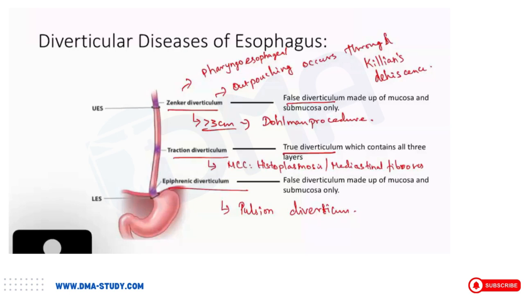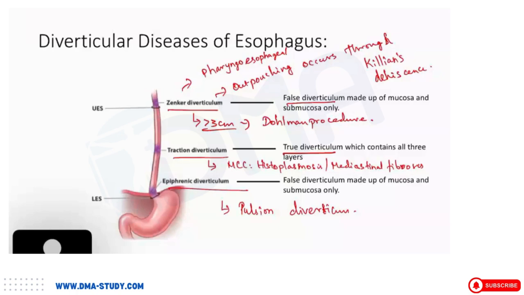What is the most common cause of parabronchial diverticulum? Histoplasmosis, or mediastinal fibrosis in terms of non-infectious causes.